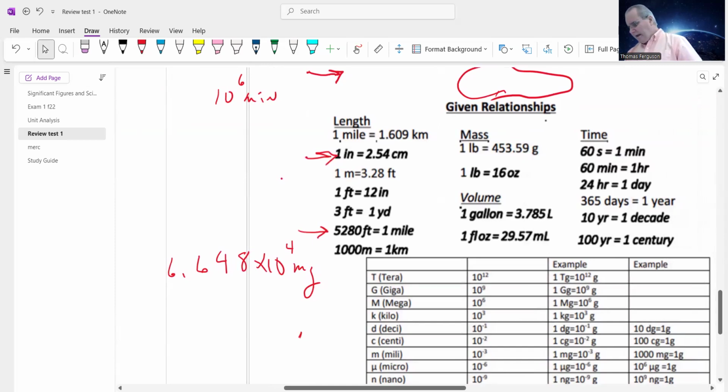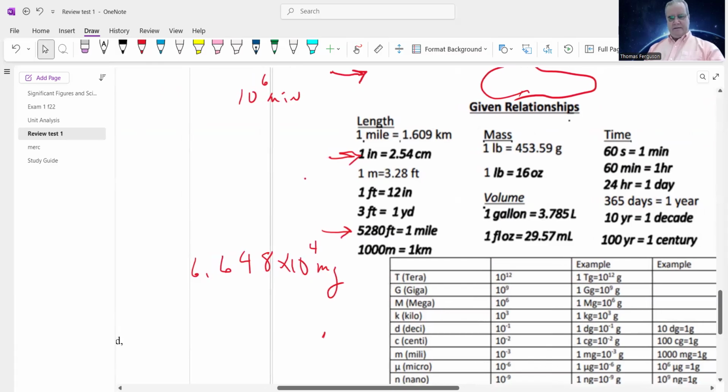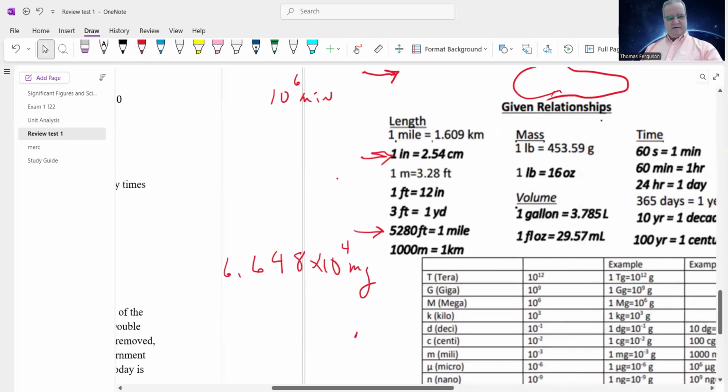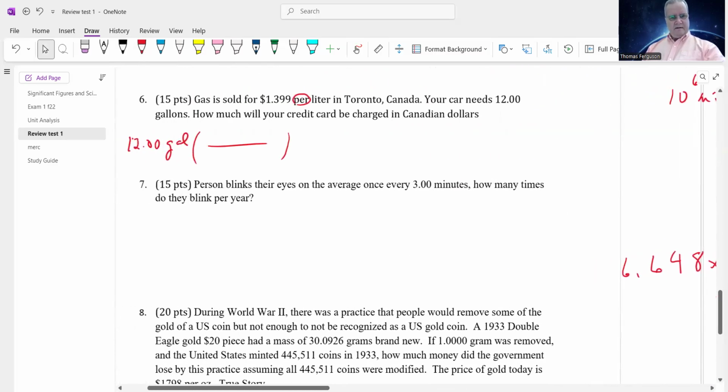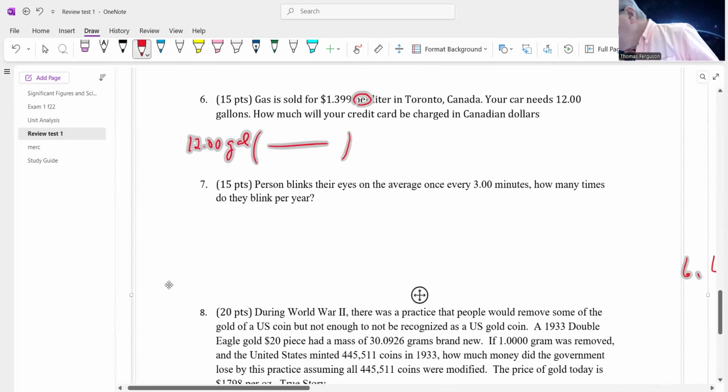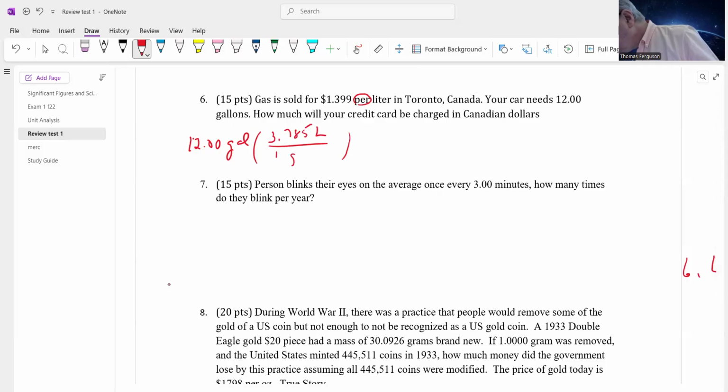So we've got 3.785 liters to a gallon. This gets us to liters.